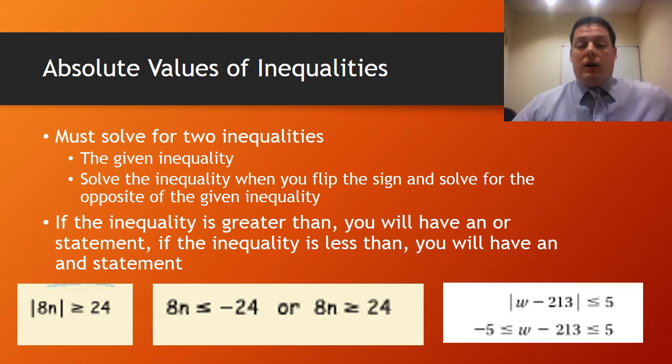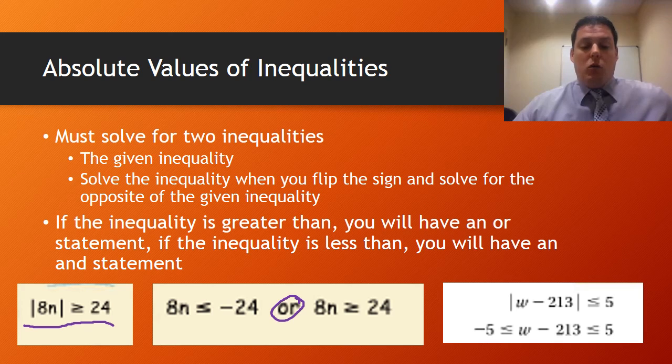Absolute value inequalities. So with the absolute value, it's similar to compound in that we have to solve two inequalities. But here what we do is, if we look at this first example, if it's greater than, we're going to use or.